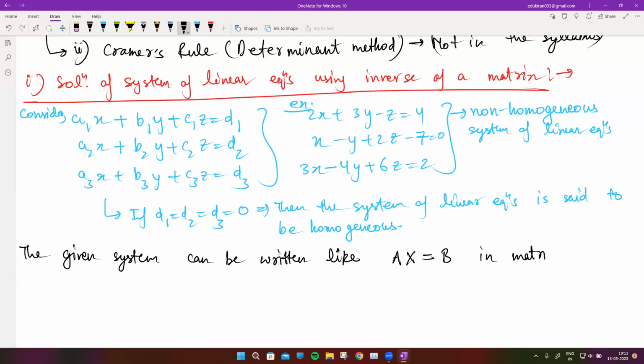I'll tell you what A, X, and B are here. But before that, the whole system can be written as AX is equal to B. Now, understand some terms here. I'm calling this A the coefficient matrix. These are not technical names. These are my given names. You understand it like this. But always remember that A is your coefficient matrix and X is your variable matrix.